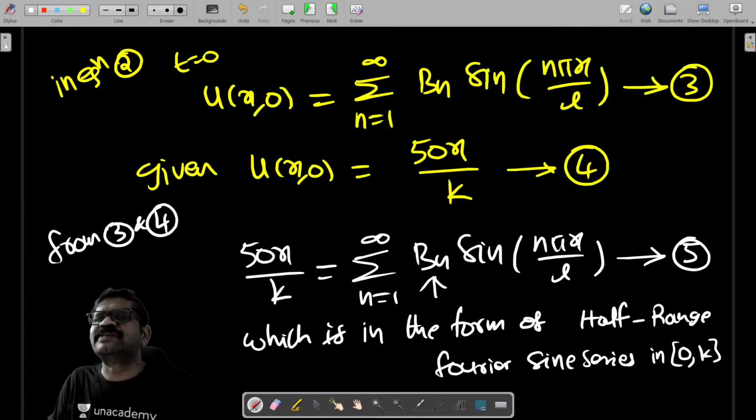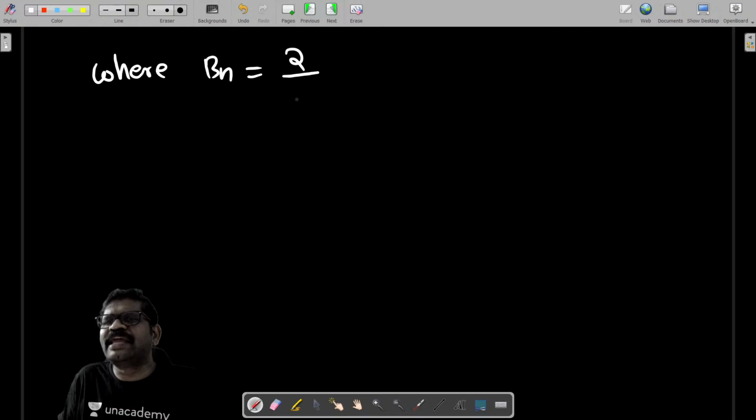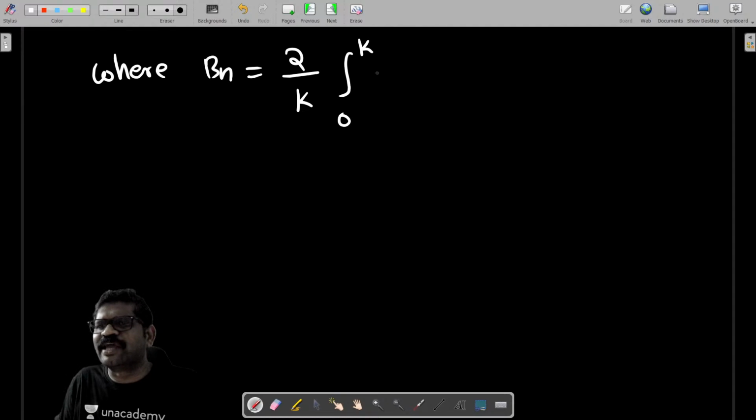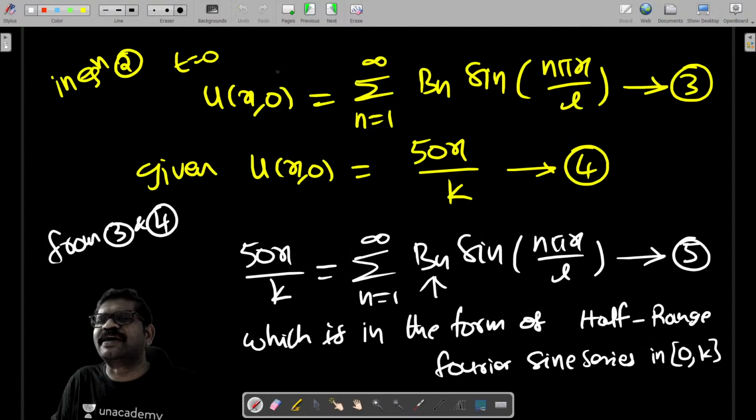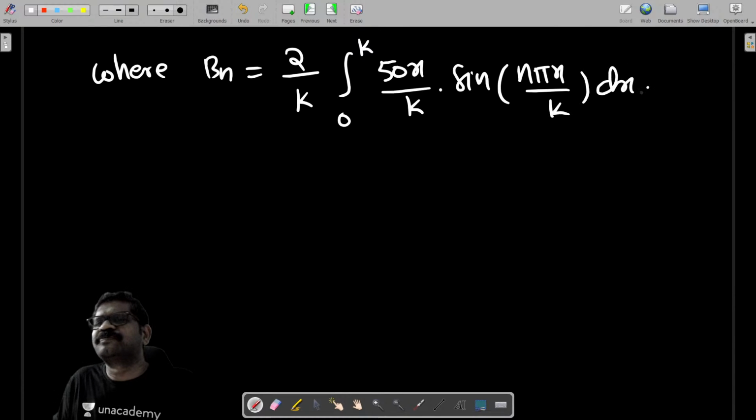So bn is given by 2 by L, actually here L is k, that's why 2 by k, integral 0 to L, that is 0 to k, f of x is 50x by k, that is given in the data here, sin n pi x by L, n pi x by k dx.